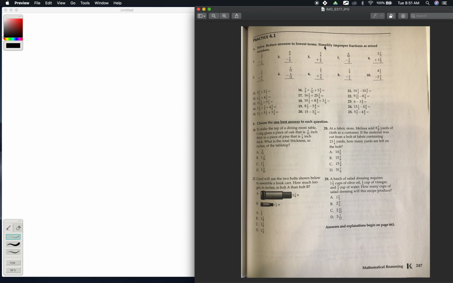Then simplify improper fractions as mixed numbers. We're going to go through that. So in case you're not 100% sure, just stick with the lesson. Okay, so let's do number 1. I'm not going to do all of these.